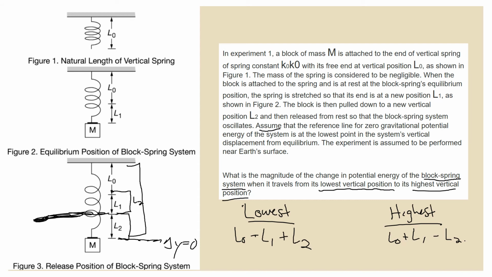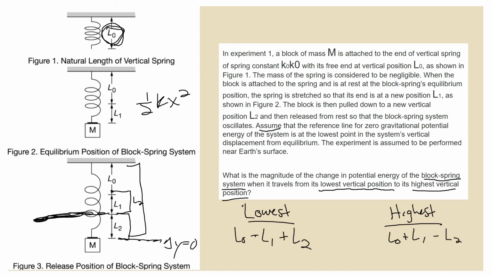Now, here's the deal, though. When we are considering the potential energy change, you have to realize that the L naught here is the natural length of the spring. The reason why that's important is because when the length is L naught, if we plug that into the equation 1/2 kx squared, the energy should be 0 there. That's an important thing.